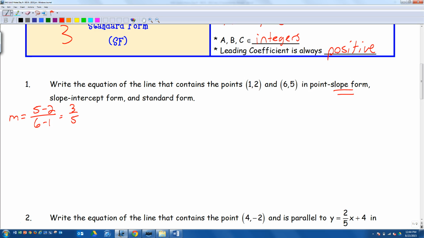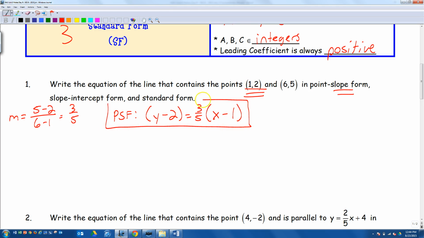Okay? Now we can write point slope form out. I'm going to use this point right here. It's y minus that point, so it's y minus 2 equals 3/5 times x minus the x-coordinate, which is 1. That's my final answer. That's why you start with point slope form. You just plug it right in.